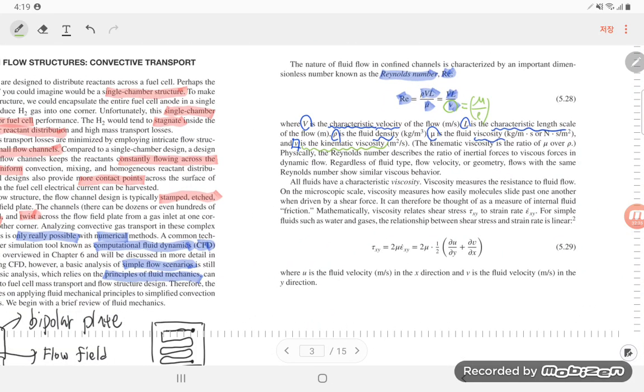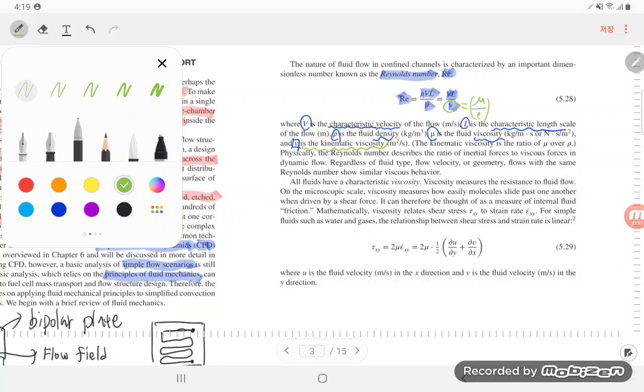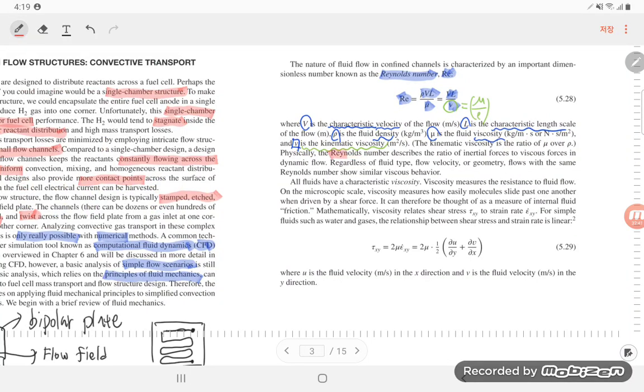Physically, the Reynolds number describes, and this is very important, the ratio of inertial forces to viscous forces in dynamic flow. Regardless of fluid type, flow velocity, or geometry, flows with the same Reynolds number show similar viscous behavior.